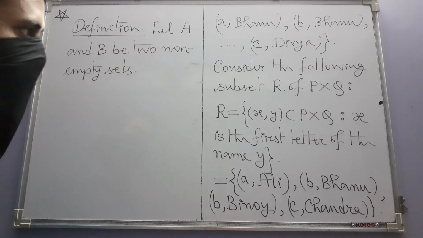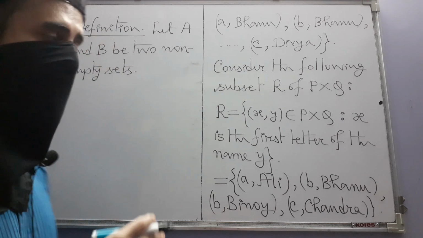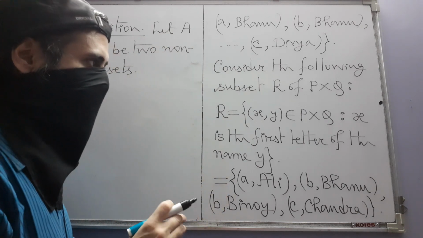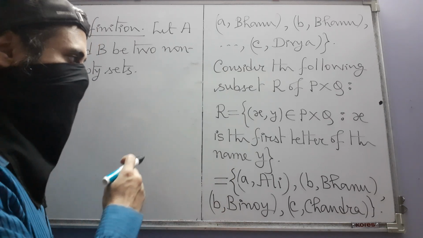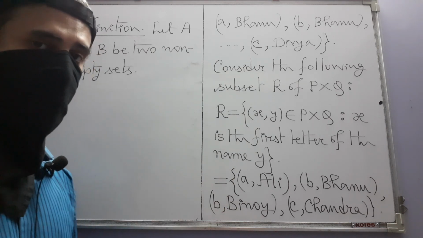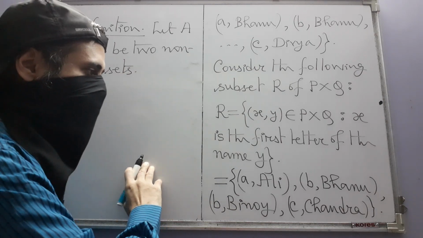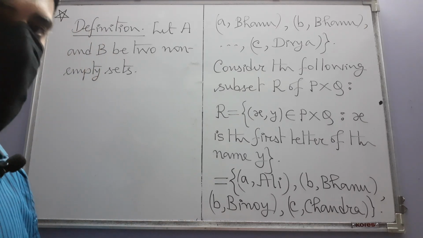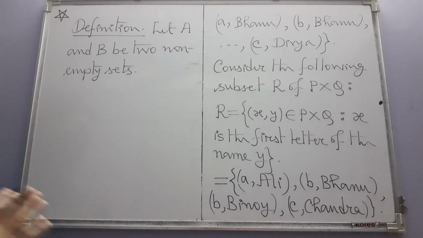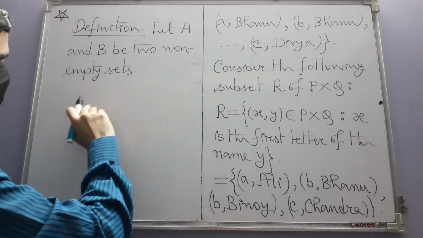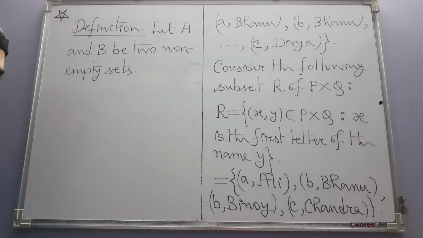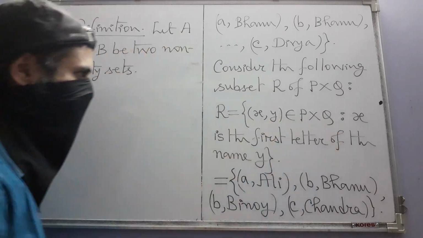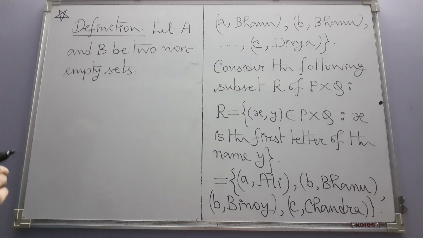Although we can consider the cases where say A is empty or B is empty or both are empty, those cases are not really very interesting because, of course, they can be made part of this definition, but because of having an empty set, you won't really be relating any element to anything. So in that sense, they are not really very interesting. So in the main definition, we assume both of the sets to be non-empty. Here, in this definition, A and B are going to play the role of P and Q, but they are general, any non-empty sets.